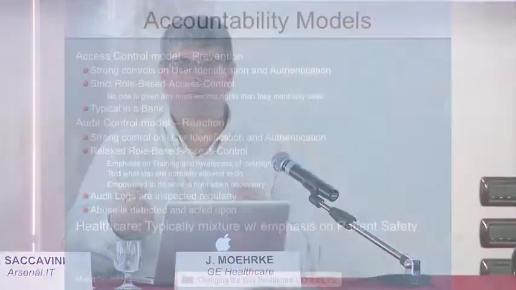Oftentimes, we do stress patient safety in healthcare as, oh yes, we don't kill patients because of privacy. That's not always ever a conflict. Most of the time, you can find rules that recognize patient safety and privacy and security equally.